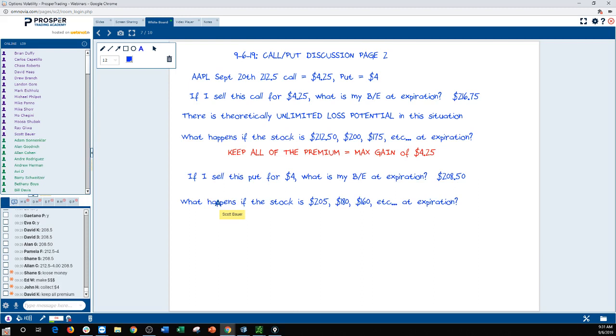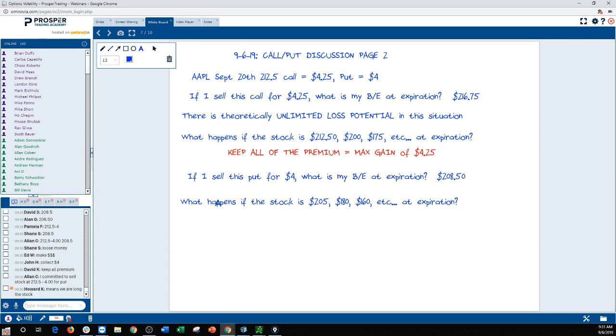No. This is being short the put, not long. This is short the put. What does short a put mean? Okay, what does that theoretically mean? If I'm short a put, what do I have to do if someone exercises their option?